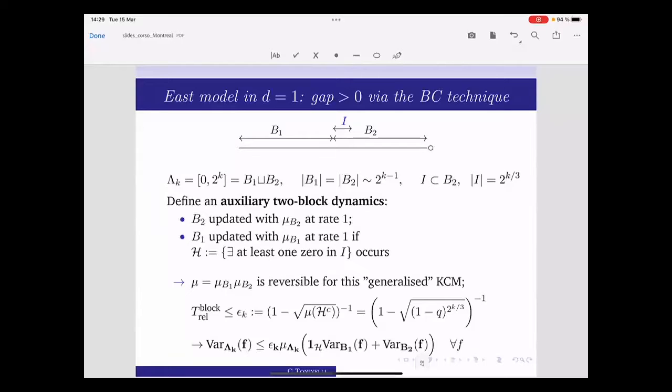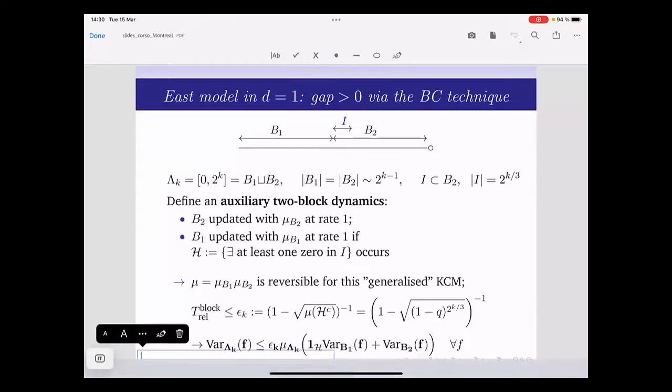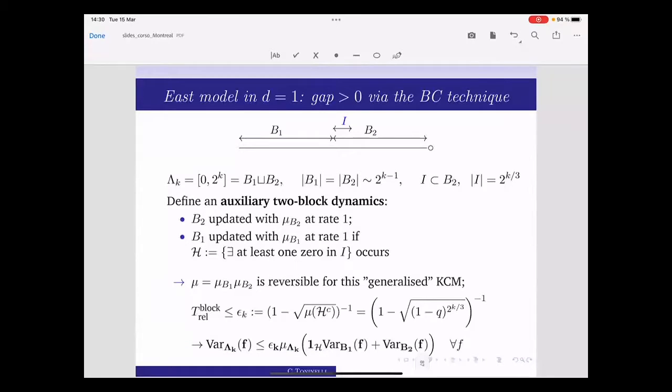If you remember what I showed before for the KCM, it is not difficult to understand that this will simply be the sum of two variances: the variance of block B2, without any correction, and the variance of block B1 multiplied by the indicator function of the event H, telling me that there is at least one zero on that block.